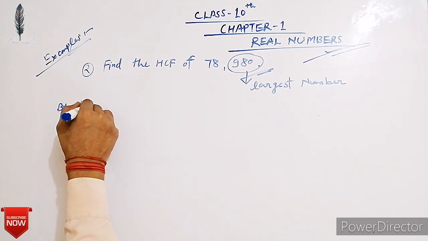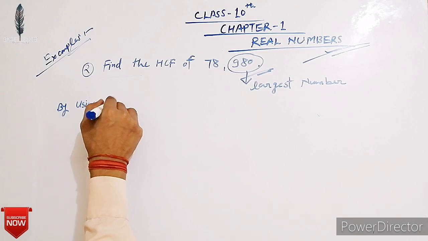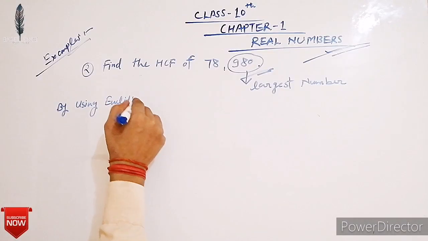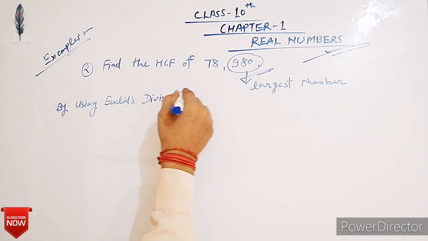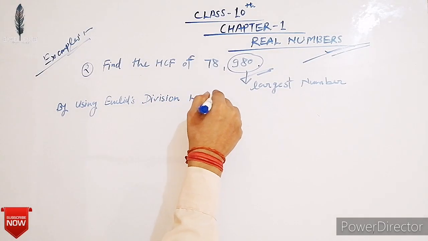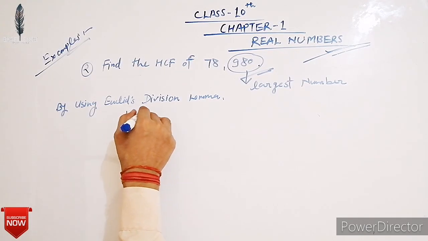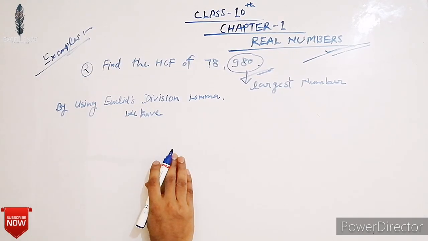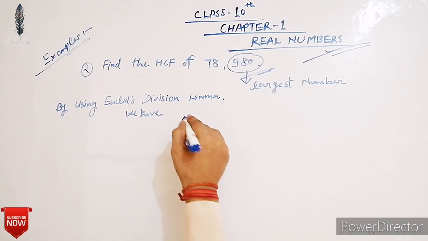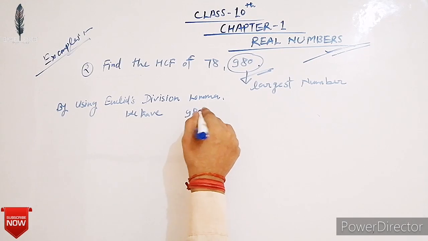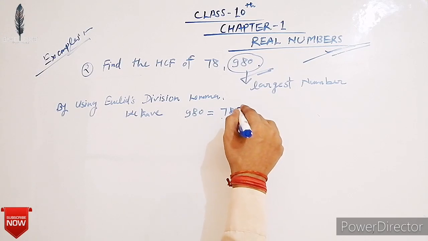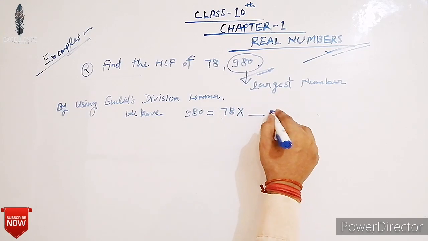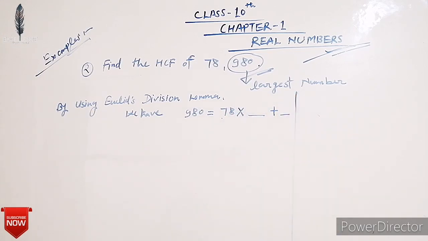So by using Euclid's division lemma, we have dividend 980 is equal to divisor 78 into quotient plus remainder.